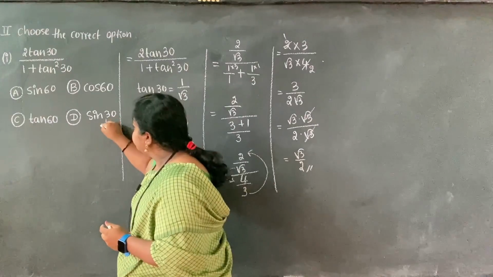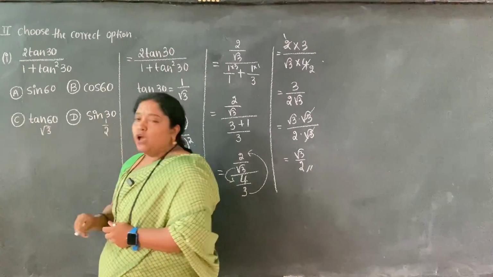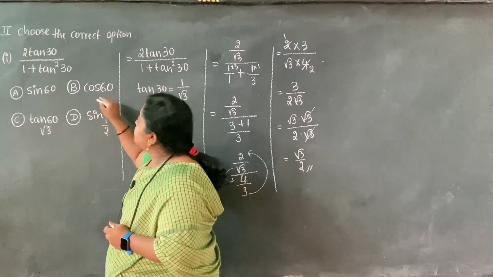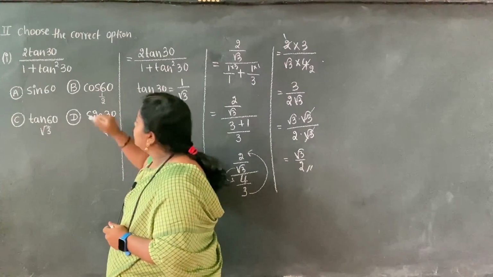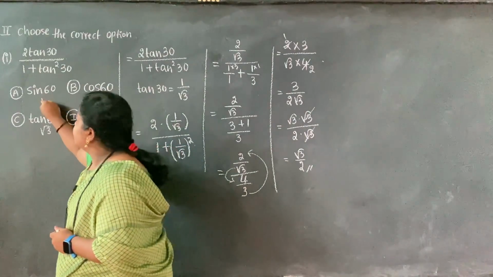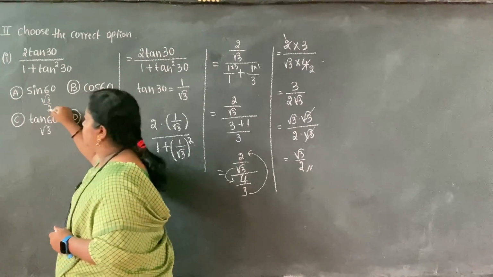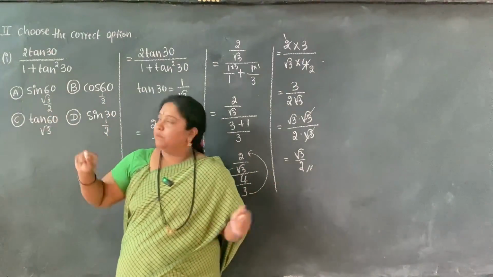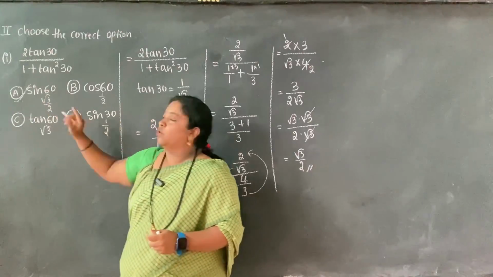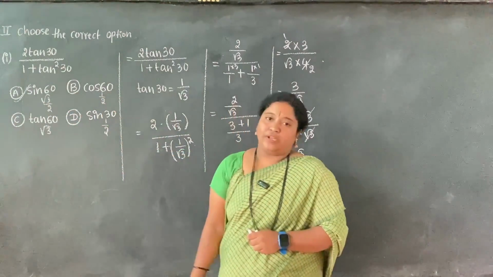Sine 30 is 1 by 2. Tan 60 is root 3. Cos 60 is 1 by 2. But what about sine 60, dears? Sine 60 is root 3 divided by 2. So our answer is sine 60, that is root 3 by 2. Understood? Fine. We'll move to the next question.